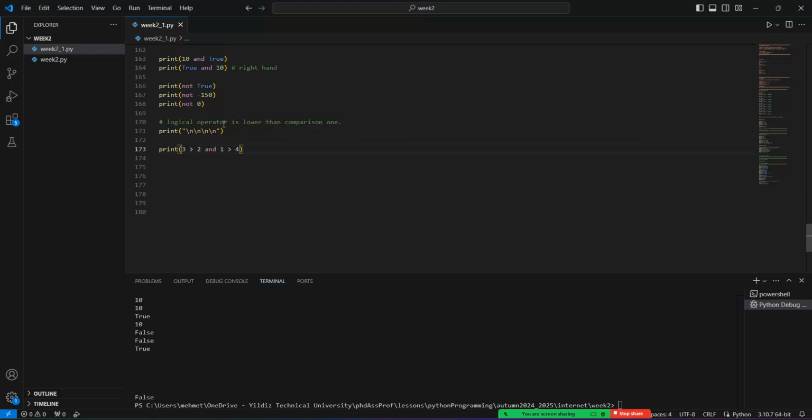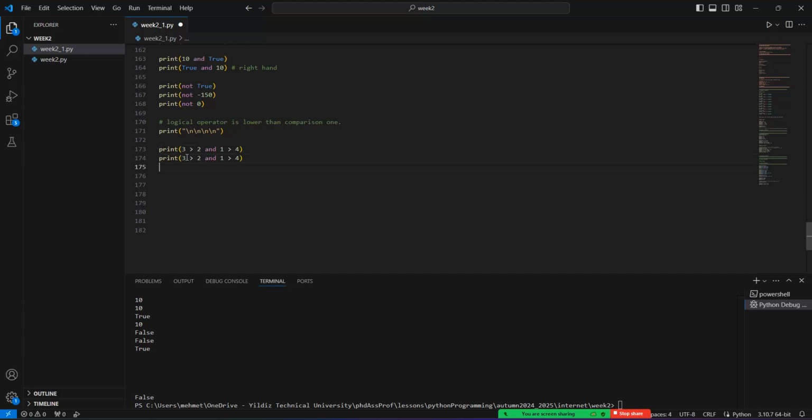Because the logical operator is lower than the comparison one. Okay? And so, how can we utilize these things? Firstly, this is done and this is done, and after that the AND operator is applied.